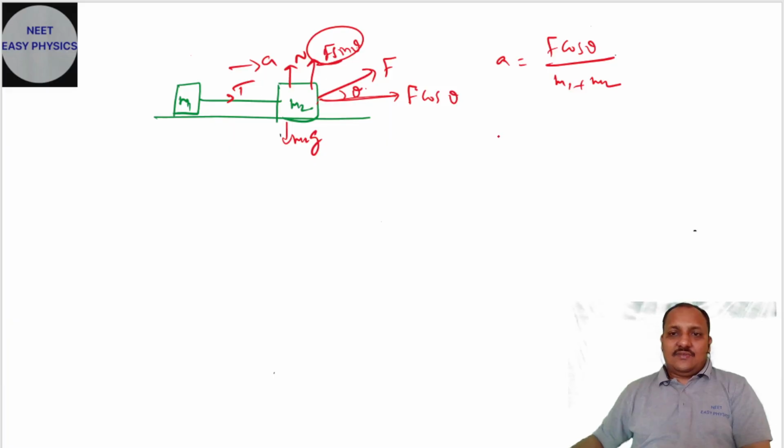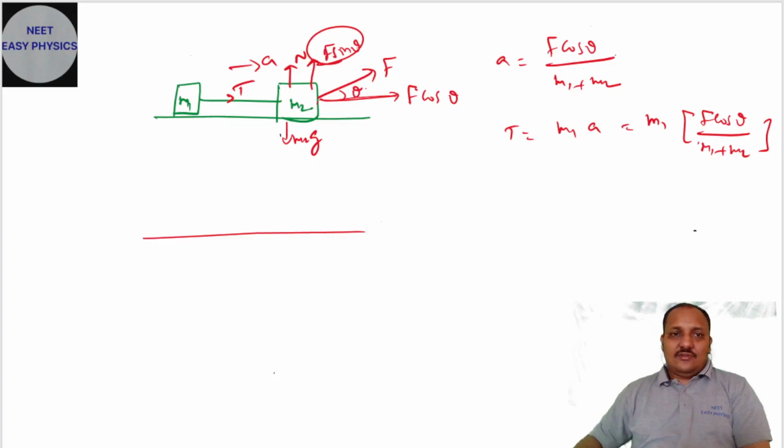Now what is the tensional force? T is equal to M1a, so T = M1 F cos theta by M1 plus M2. Understood? Now for three masses also we apply the same concept.